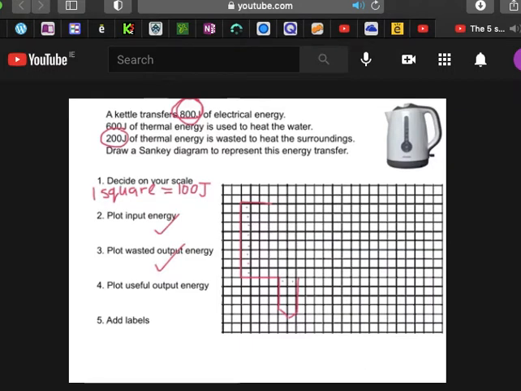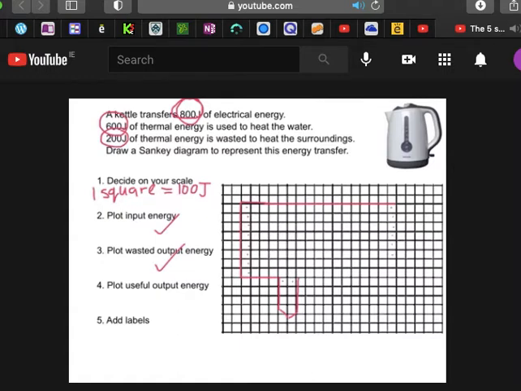Next up, we need to plot the useful energy outputs. And before I do that, I'm going to extend the line at the top. And then the end of the line is where my arrow is going to start. Our useful energy output is 600 joules, which is going to be 6 squares on our scale. So 1, 2, 3, 4, 5, 6.